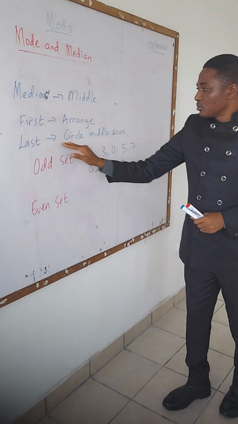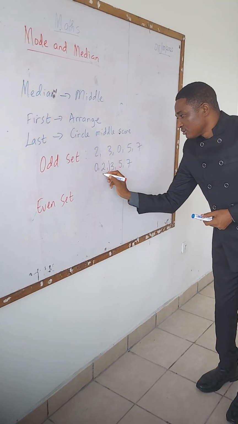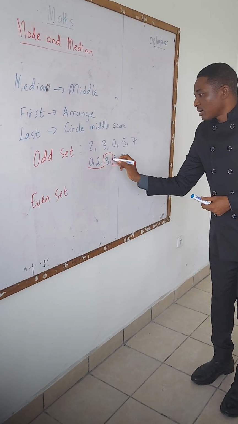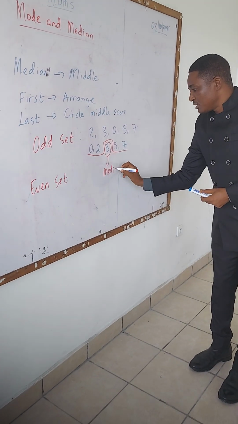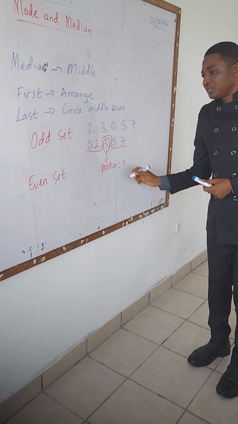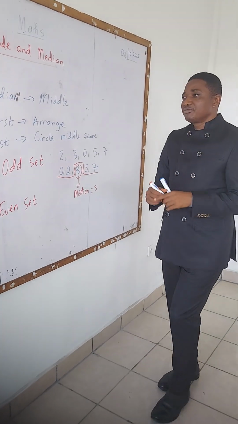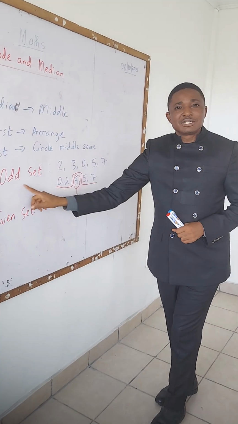Now, last rule is to circle the middle score. So 2 to the left and 2 to the right, we have our median. Okay? So our median is 3. Hope you caught that, right? Very easy. Remember again, first law is to arrange. Second, you pick the middle for odd set.